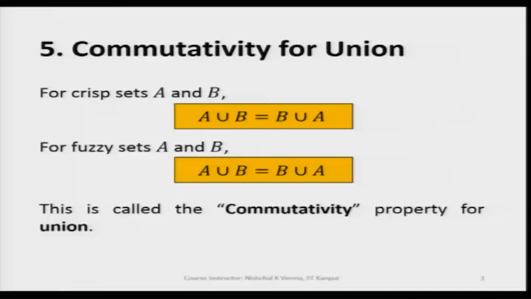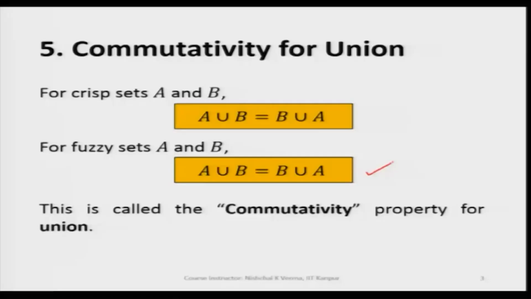So, we will start with the commutativity property. As we know, for crisp sets A and B, A union B is equal to B union A, and this is the commutativity property for union. Let us now see what happens when we take fuzzy sets instead of crisp sets.